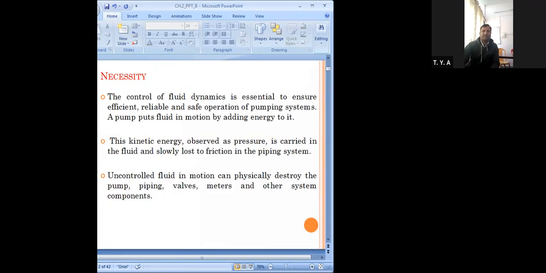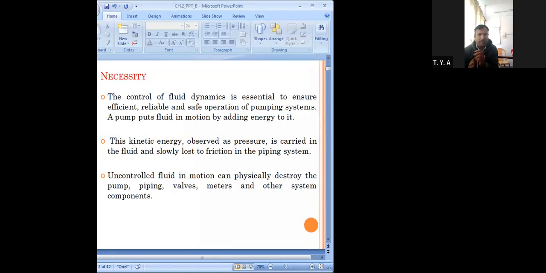Now here I will also tell the necessity of these controlling valves, the points I mentioned in the slide. First, I have written that control of fluid dynamics is essential to ensure efficient, reliable and safe operation of the pumping system.